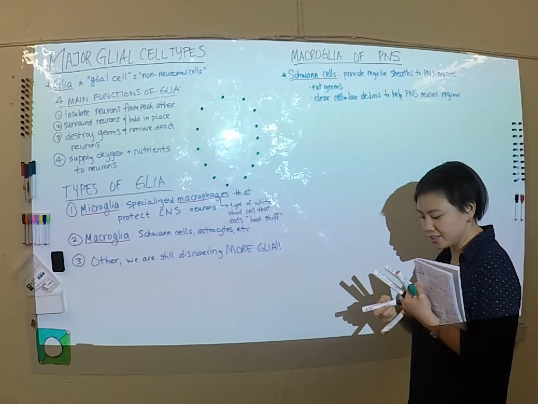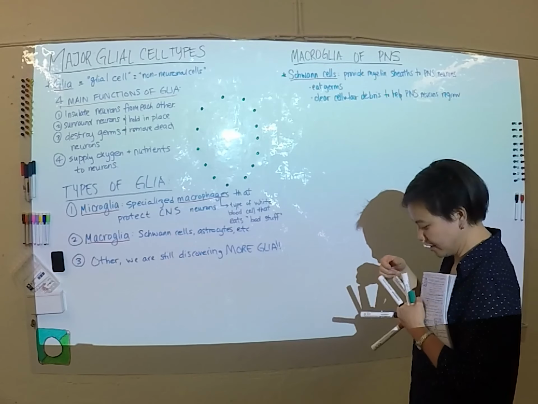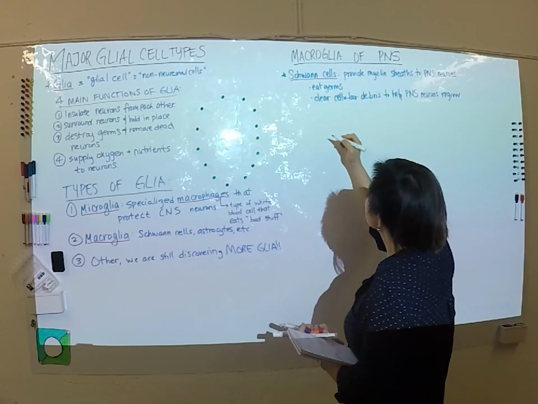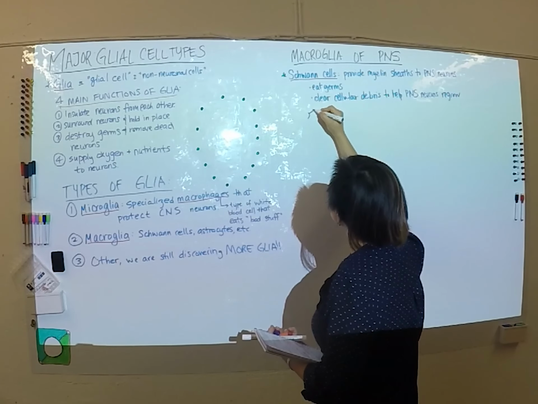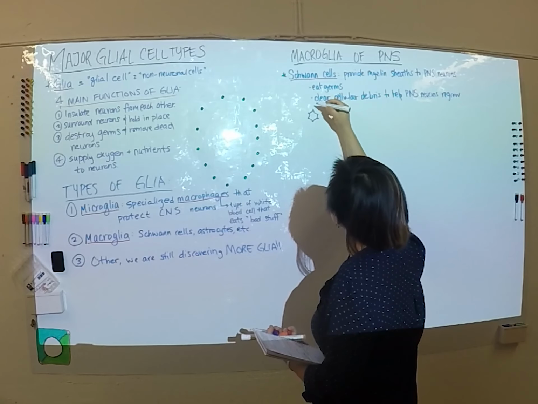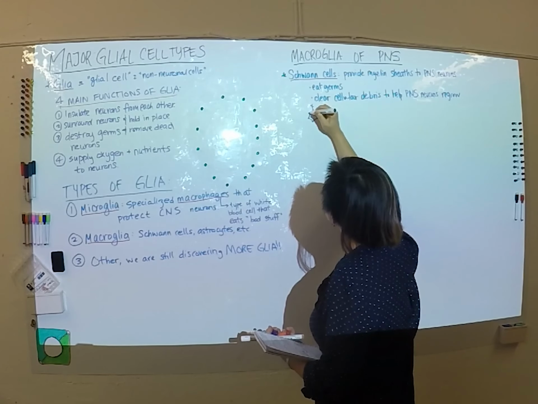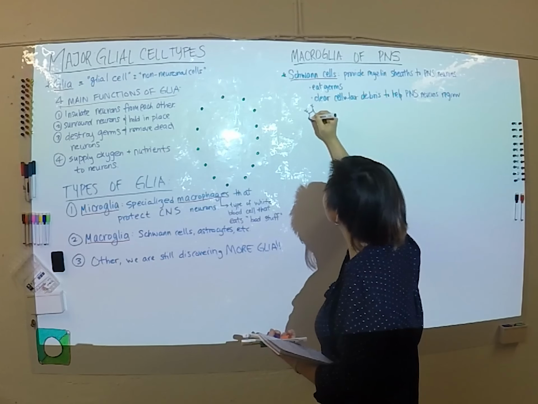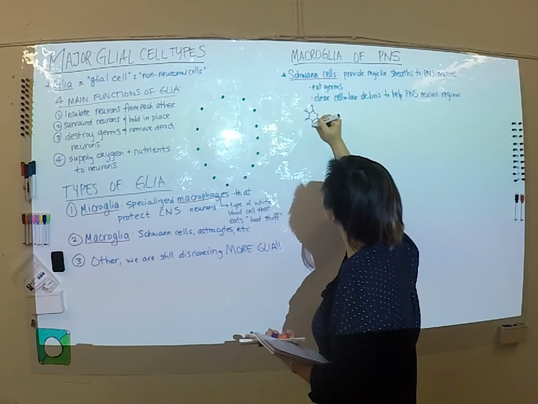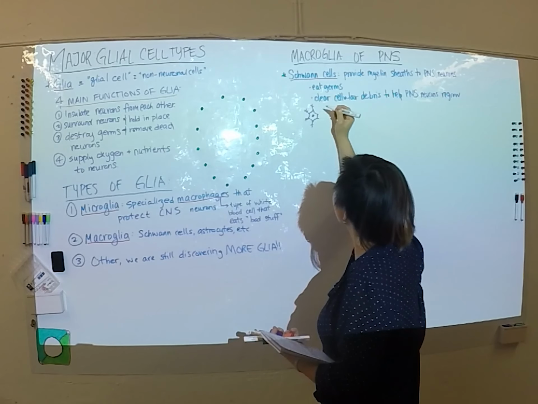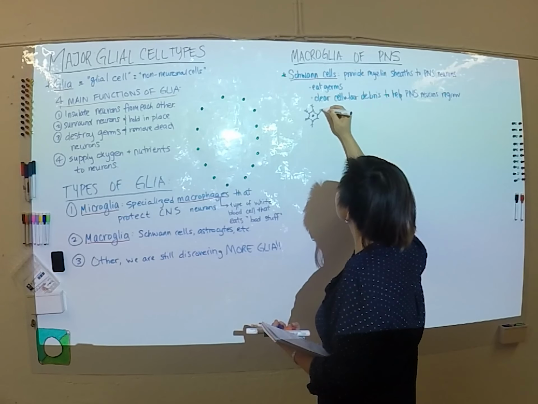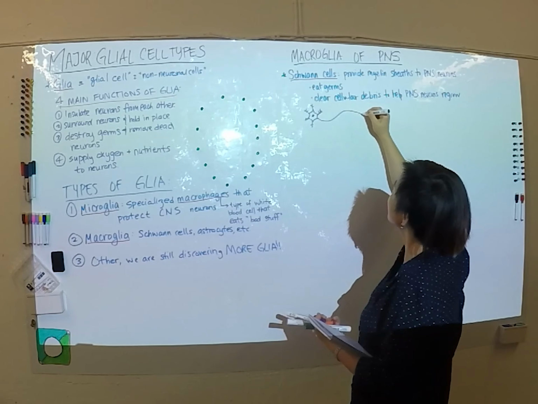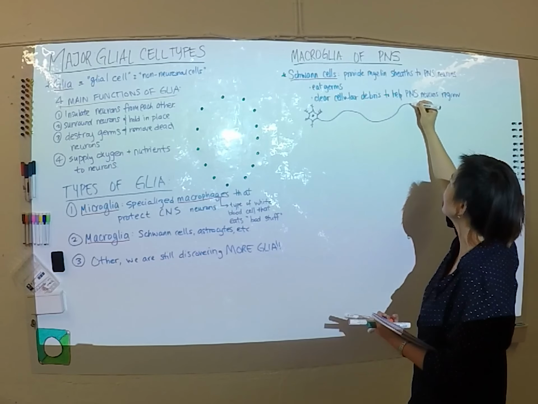Okay, so let's draw once again our Schwann cell. So if I have here my myelinated, what was this called again? The multipolar neurons. Okay, because they have many short, small branch dendrites coming off of the cell body, and then this long axon.